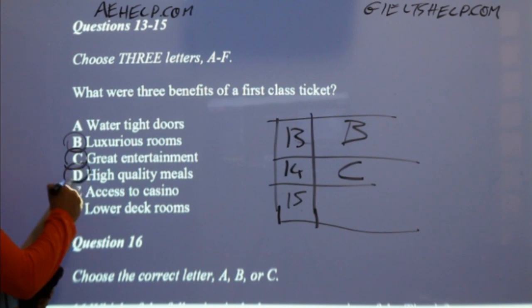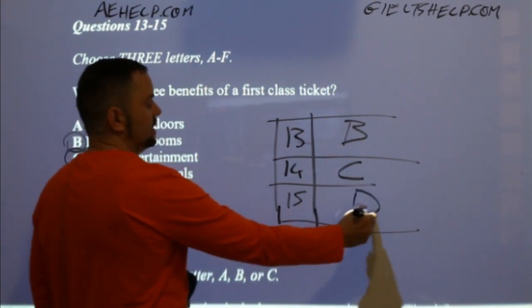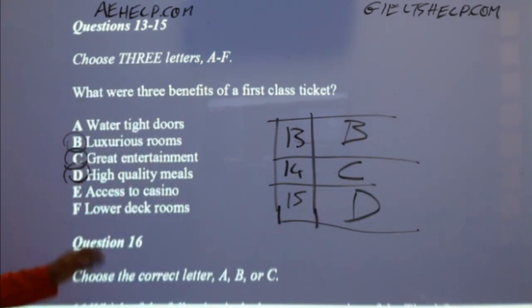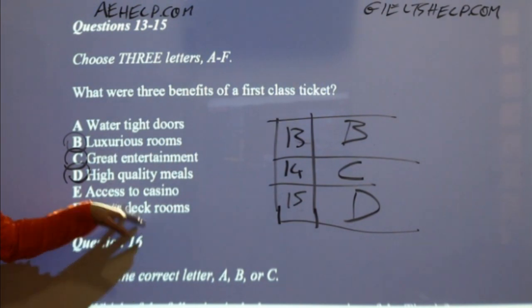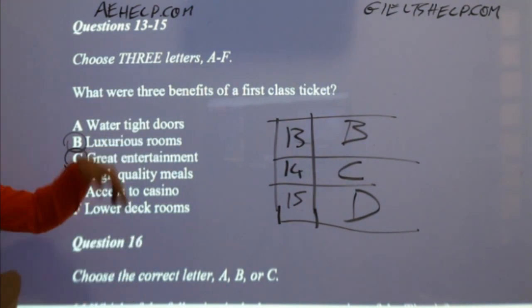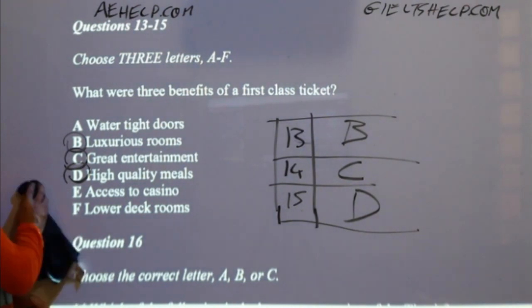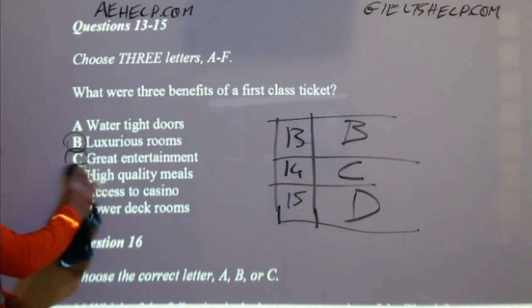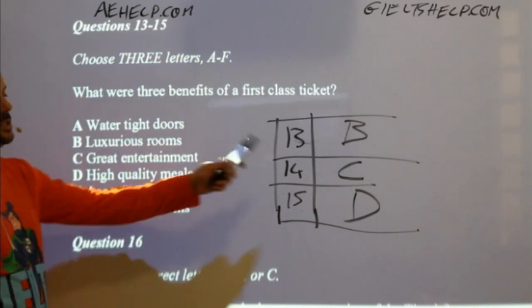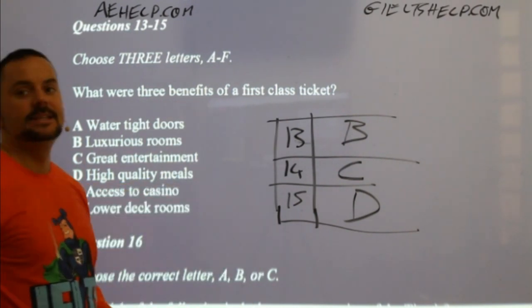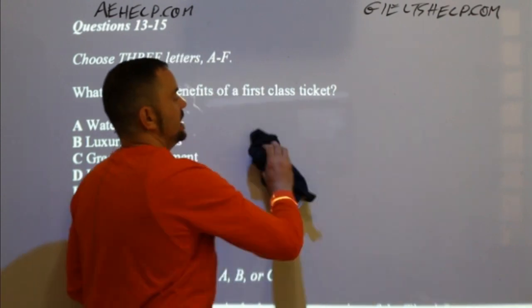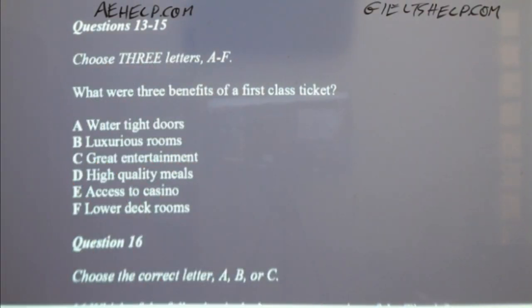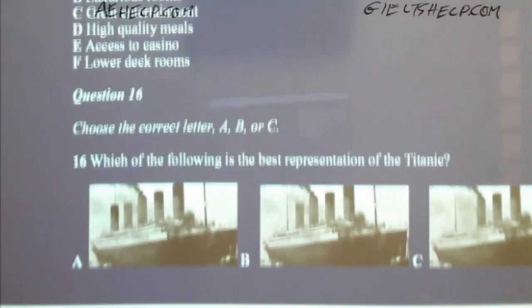So D. B, C, D are the correct answers. There's nothing about casinos. Lower deck rooms was for third-class passengers. Watertight doors was the safety feature of the ship. So it's completely different. So B, C, D, it doesn't matter which order you said that in, as long as you have those 3.